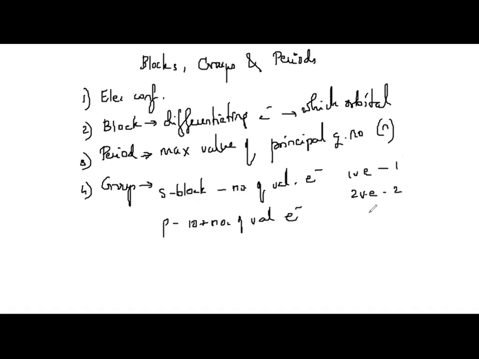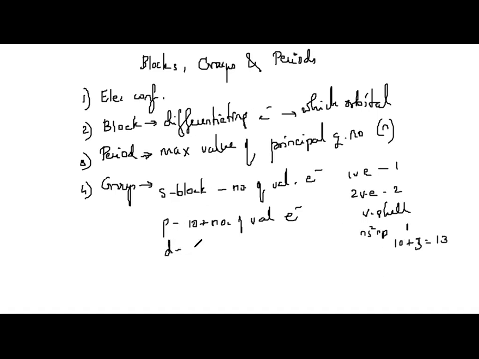So if in the valence shell there are electrons in the p subshell, so it is ns np. So if it is one electron in the p subshell, they'll write 10 plus 1. Here it is 2 and here 1, so it becomes 10 plus 3. It is the 13th group. I'll show you the examples.